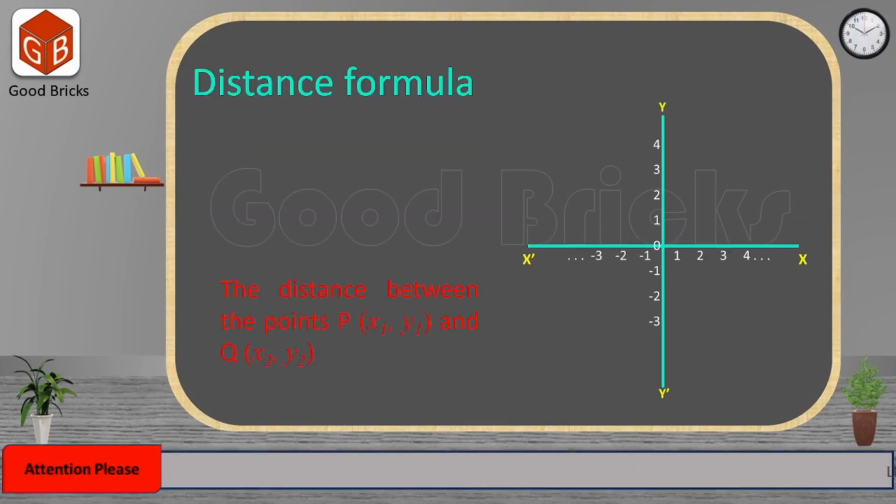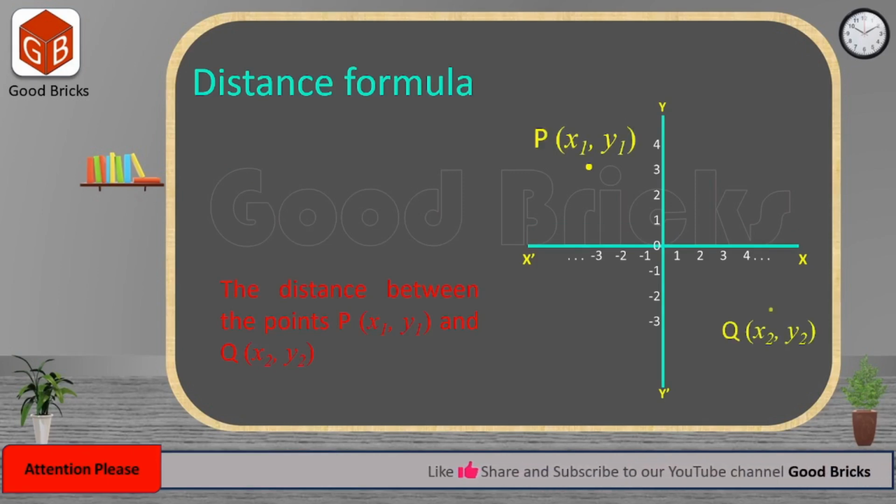How to find distance between two points when we know coordinates of those 2 points? See here on the screen we have 2 points P and Q. These are the 2 points and we have their coordinates also. So when we know coordinates of 2 different points, how to calculate distance between these 2 points?